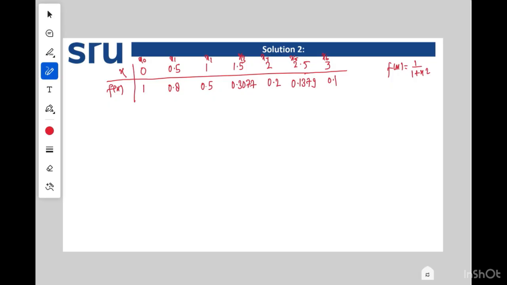Now first we will write the composite trapezoidal rule. Your integral I, we have to integrate the function f(x) from 0 to 3, f(x) dx, okay. This is approximately equal to h divided by 2 times the function value at the first point, f of x0, plus the function value at the last point, f of x6, plus 2 times all the data points between x0 and x6.